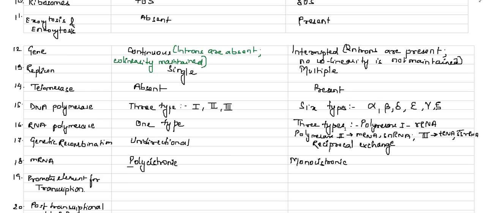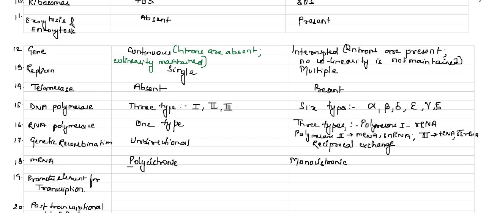In simpler language, until the transcription is complete, the RNA transcript cannot associate with ribosomes in eukaryotes. But in prokaryotes, the RNA transcript can associate with ribosomes before the transcription is complete.